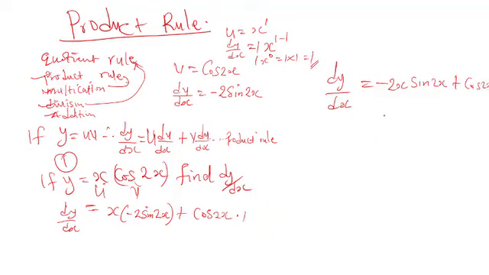So write it down properly: cos 2x minus 2x sine 2x. So this is our value for dy/dx. So if you have a question y equals x cos 2x, to find dy/dx, your answer will be cos 2x minus 2x sine 2x.